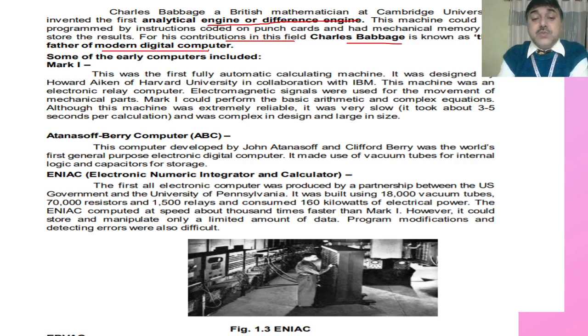So these are the things we find: in different generations, different phases, different types of machines have been invented. Early in this stage, we find the Mark I. Who invented the Mark I, the first fully automated machine that calculated work? It was designed by Howard Aiken of Harvard University, with IBM.